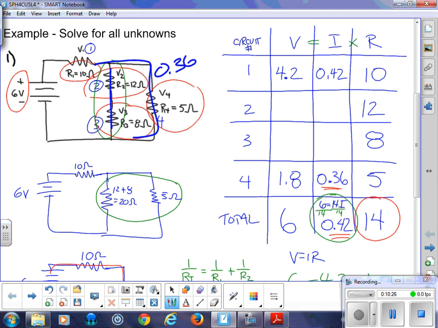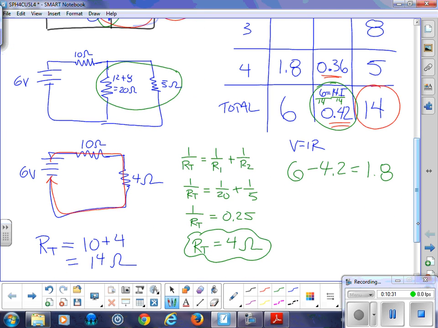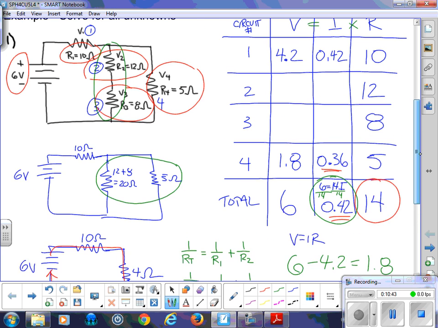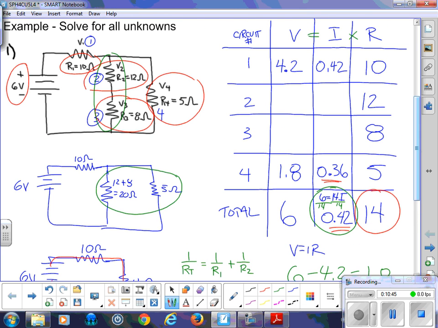So now we can figure out how much current's going through there, because if your total current is 0.42 minus 0.36, that means the remaining current is going through the other pathway. So we get 0.06. So that means that the current going through number 2 is 0.06, and through the other one is 0.06. All right, that's what's left. So 0.36 is going through the single resistor, 0.06.